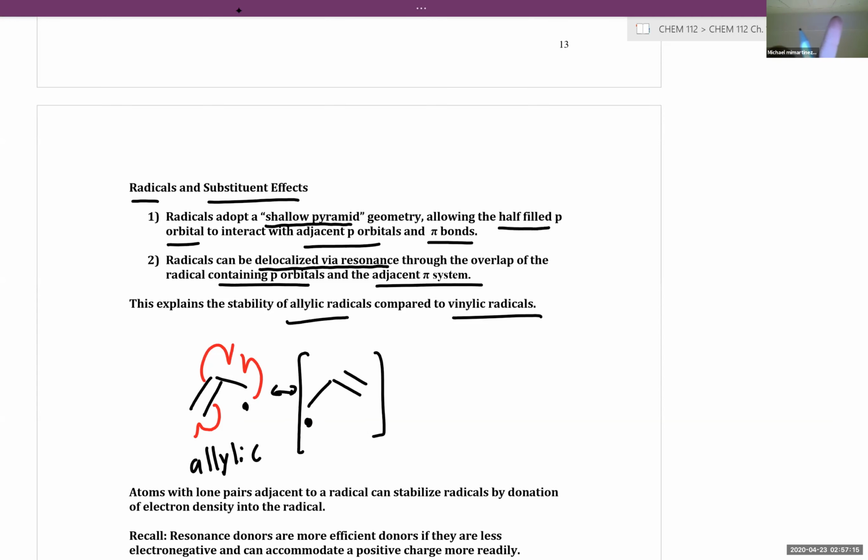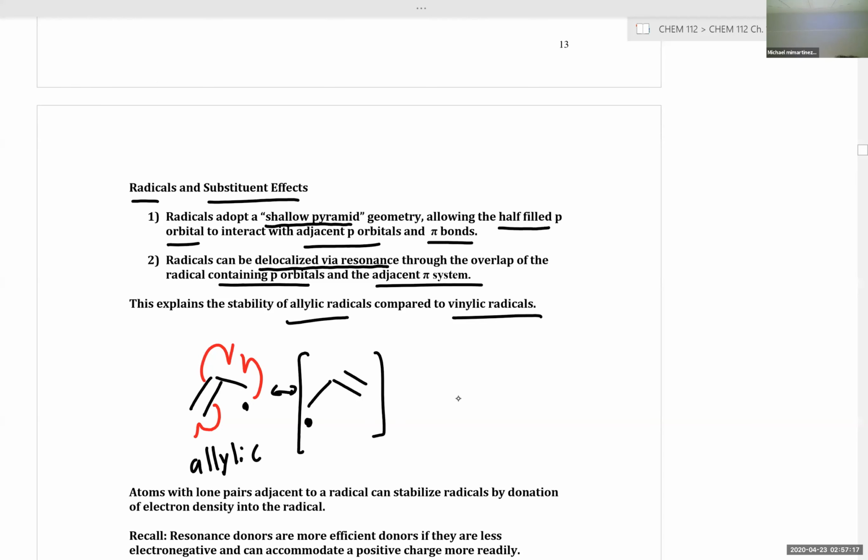And if we compare that now to our vinylic radical, what orbital is this vinylic radical being held in? Let's think about that for a moment.